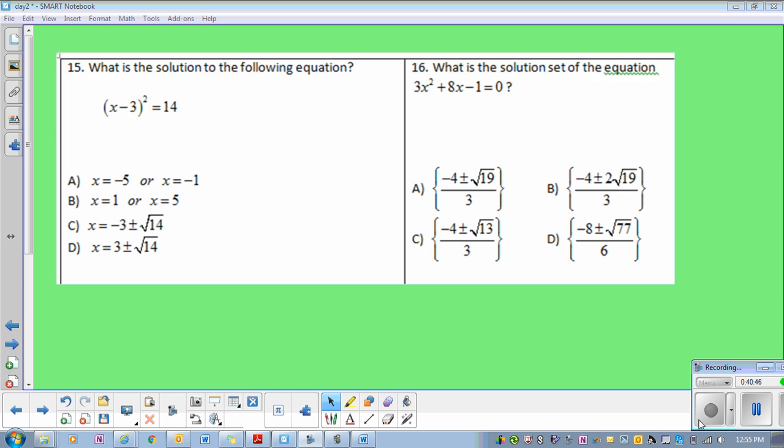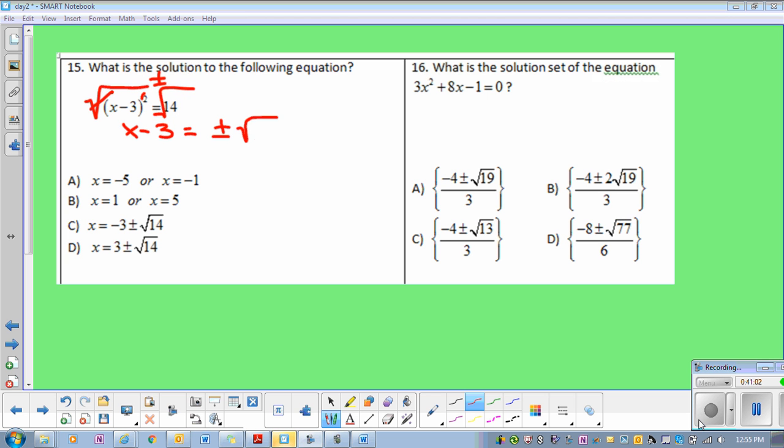But you can use the square root method. Whenever you take the square root, you have to put plus or minus. So this is x minus 3 equals plus or minus square root of 14, right? Does 14 break down?